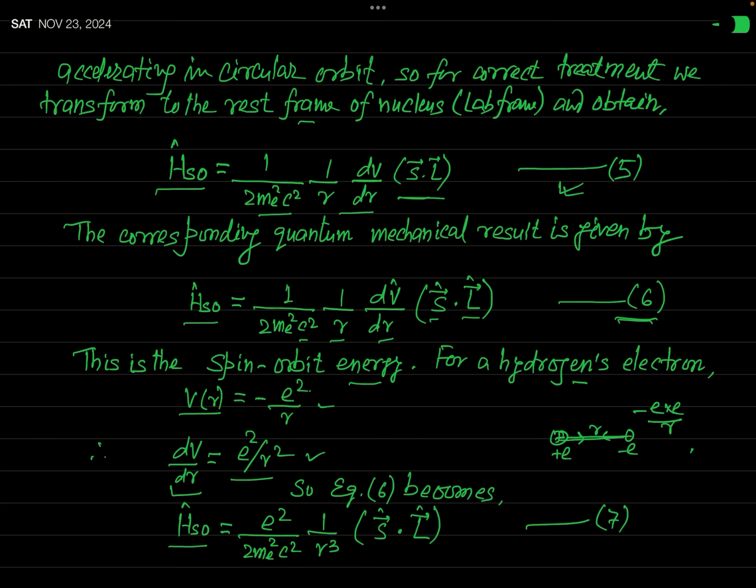So replacing dV by dr by e square by r square, our expression for HSO is e square over 2 me square c square times 1 over r cube times S dot L. This is the final result for our calculation of spin orbit coupling or spin orbit energy.